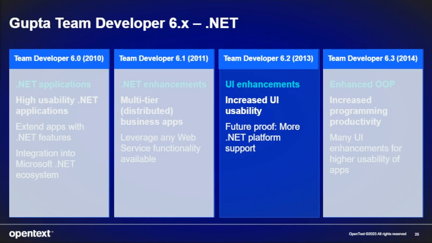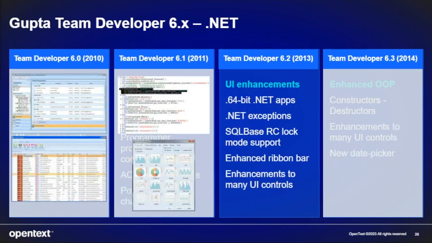And also we made future-proof decisions, more .NET platform support in Team Developer 6.2. So what you did get in 6.2 is 64-bit .NET applications, plus the platform-agnostic .NET applications, which means you can compile that, and depending on the client machine architecture, it can run in 32-bit or 64-bit .NET environments.